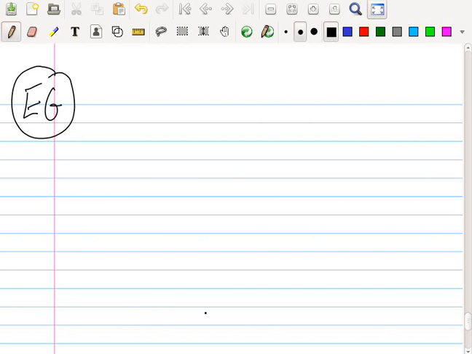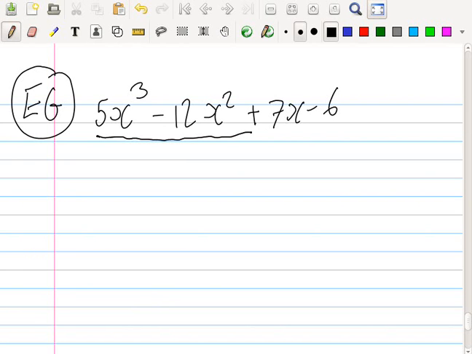Right, number 3 here. So, if I ask you 5x cubed minus 12x squared, this is 3a for example, plus 7x minus 6 all over x minus 2, and I ask you to simplify it.